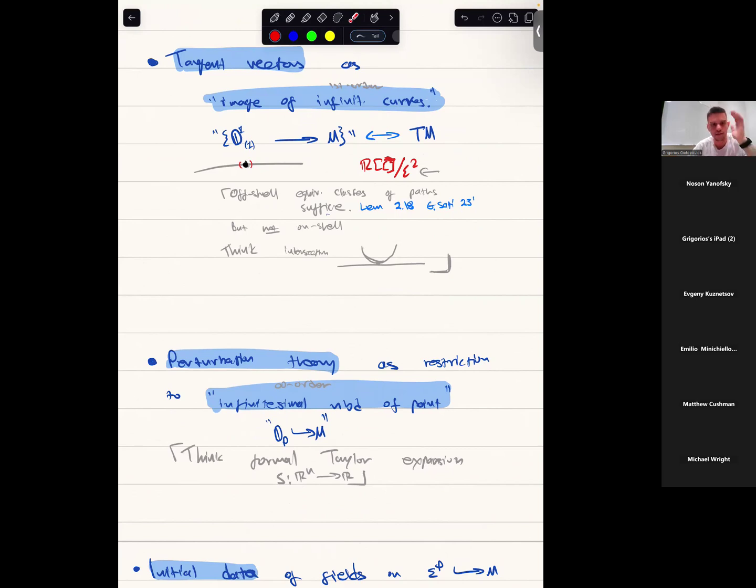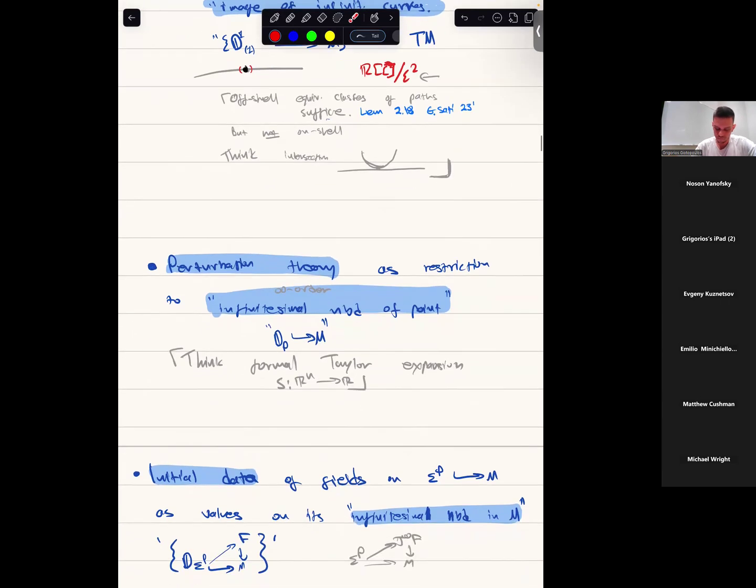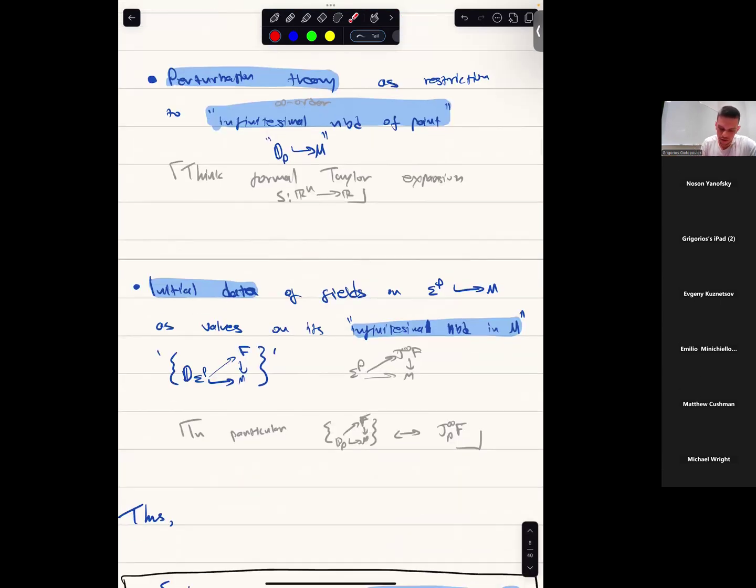In a precise sense, there exists an infinitesimal neighborhood of infinite order at the point in the manifold, if you wish, where you strictly restrict your function, and it corresponds exactly to the formal Taylor expansion, and it's related also to jet bundles and so on. Furthermore, one talks about initial data, and these again have a flavor of value along an infinitesimal neighborhood of a submanifold, not of a point.